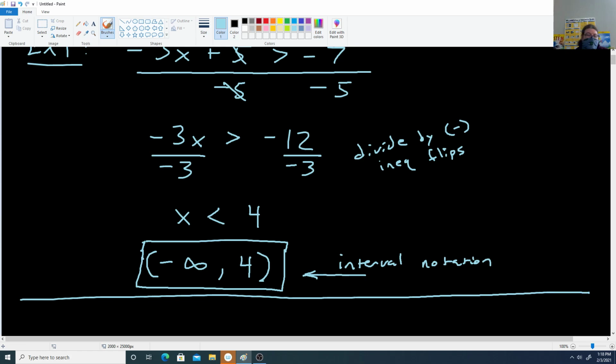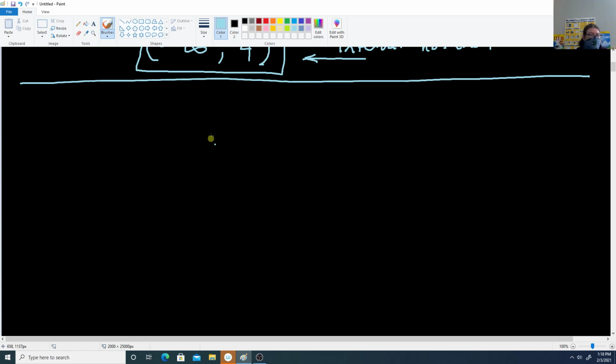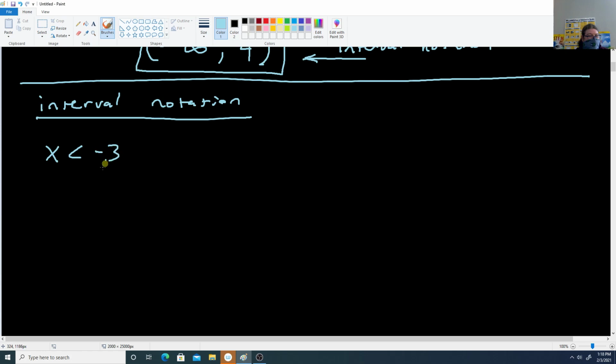So we're going to make up an example real quick that does a bunch of interval notation cases. So this will be interval notation. Let's say we have x less than negative 3, x less than or equal to 5, x greater than 4, x, let's say, greater than or equal to negative 2.